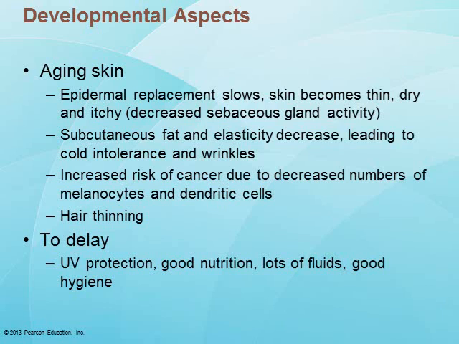The subcutaneous fat and the elasticity of the skin also decrease. That's why elderly people cannot resist the cold and start to have wrinkles, all because the tissue is reduced, and the tissue size and cell numbers inside and below the skin decrease.